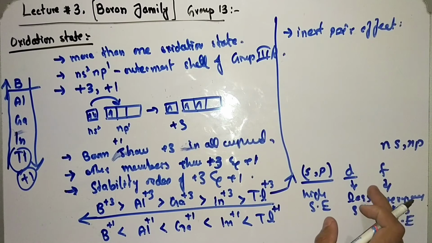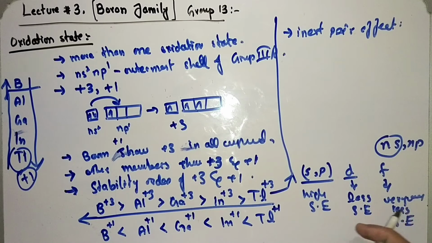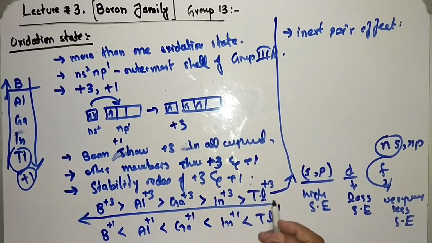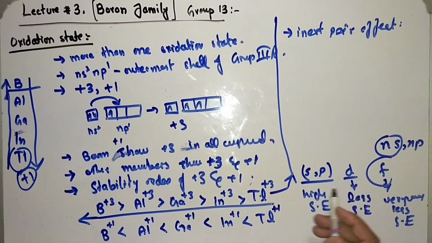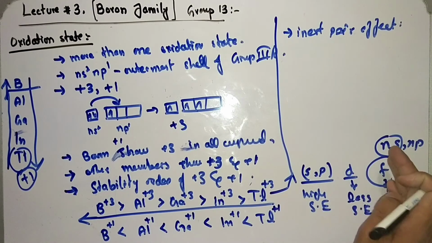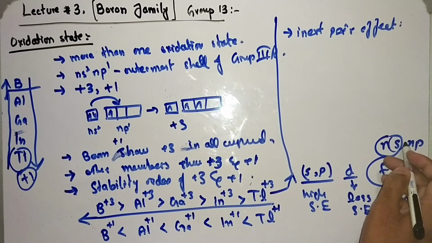The effective nuclear charge on the s electrons is very strong. In the case of thallium, the penultimate shell is the f shell, and the f shell shows less shielding, so the effective nuclear charge will be greater. That's why the electrons in the s shell are strongly held by the nucleus.